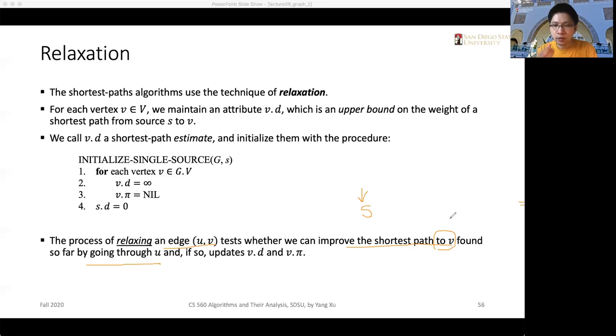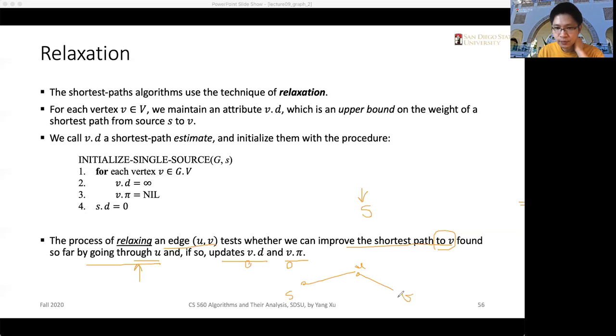And we will test whether we can improve this shortest path by going through U. Going through U means that we start from S and go to U first, and then from U to V, by including this edge from U to V into the shortest path from S to V. If so, then we need to update the D value and the pi value for V. So it would be S on the left, U in the middle, and V at the end.